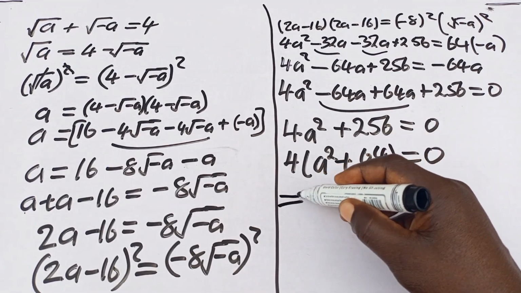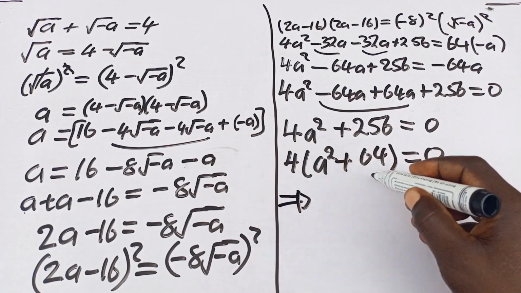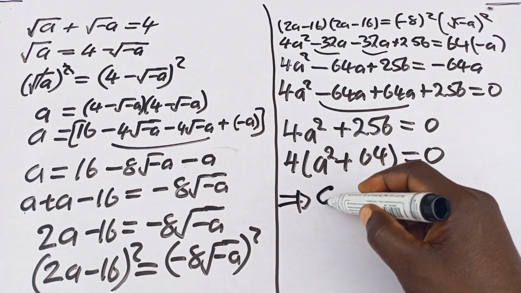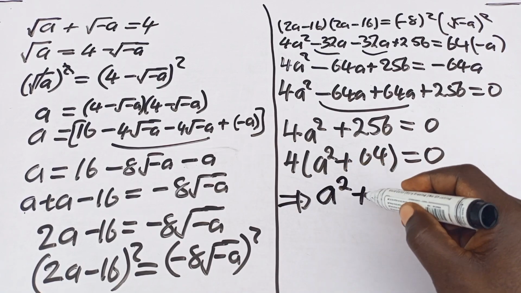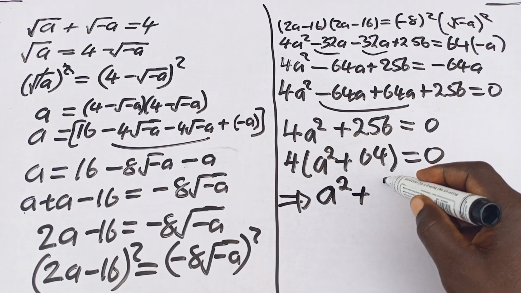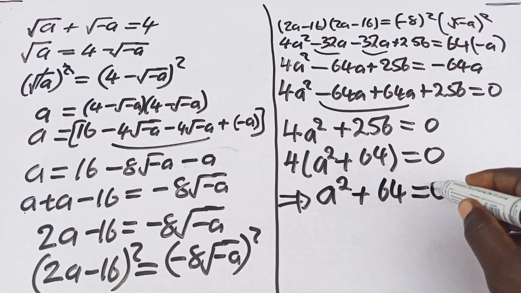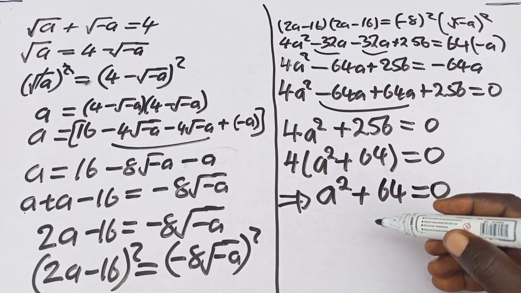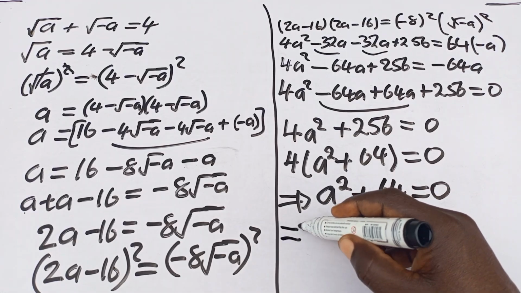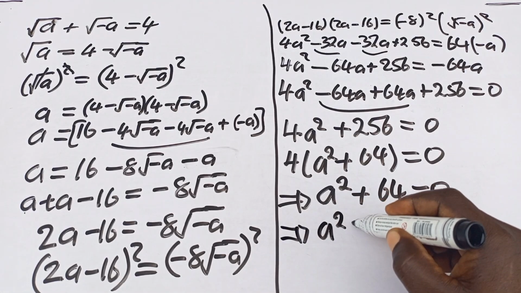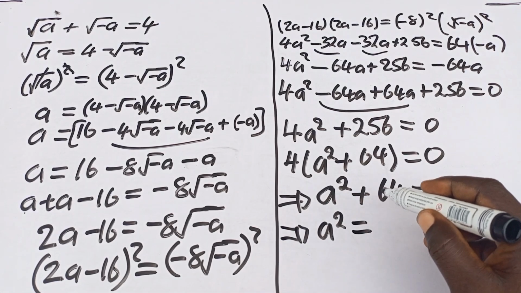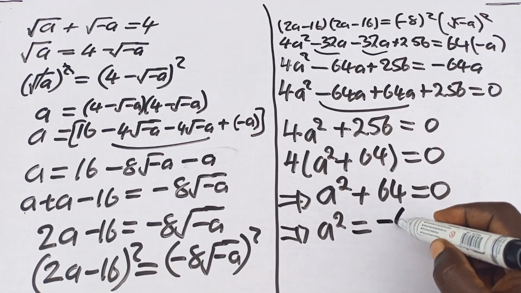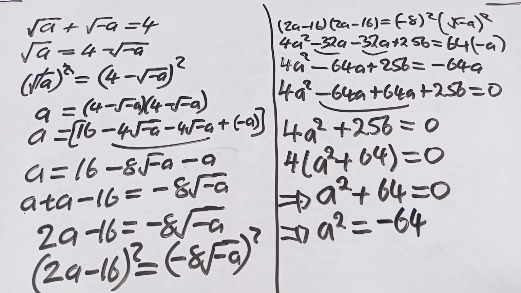It therefore means that this 0 came about by the expression a squared plus 64. Now from here, when we take the 64 from the left hand side to the right hand side, it becomes negative 64. a squared is equal to negative 64.